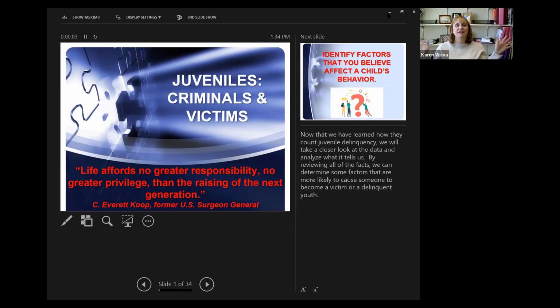Now, I am not victim blaming in any way, and that's a huge phenomenon with victimology, is victim blaming. Point the finger at the victim and say it's your fault that you're the victim. That is not the point of risk assessment. The point of risk assessment is to figure out what factors are more likely to cause somebody to become a victim.